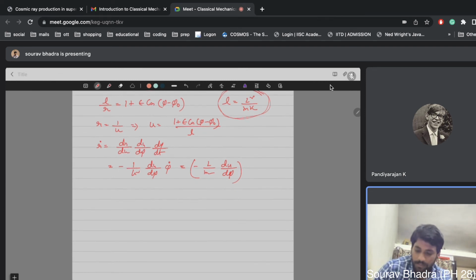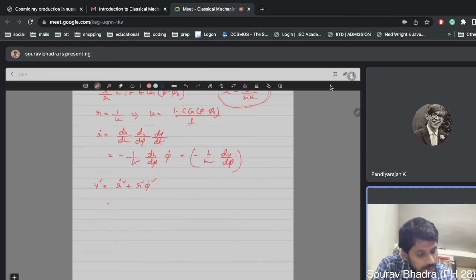Now your velocity v square is r dot square plus r square phi dot square. Now r dot, which I have already calculated, plus r square, and your L is equal to m r square phi dot. Always remember that. From here we will write it in this way.